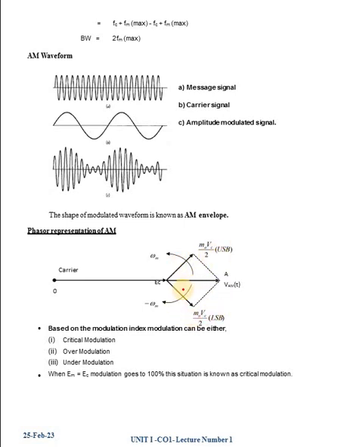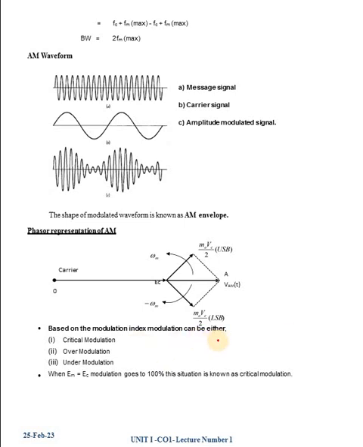So the upper sideband phasor will rotate in the anti-clockwise direction with respect to the carrier. Similarly, the lower sideband will rotate in the clockwise direction with respect to carrier. So we will get minus omega m in the lower sideband and plus omega m in your upper sideband. So this is the phasor representation of the amplitude modulated waveform.